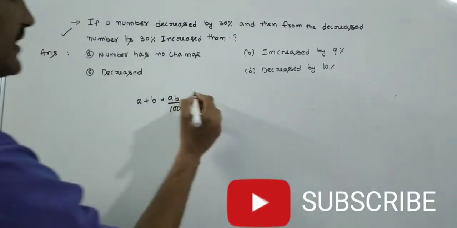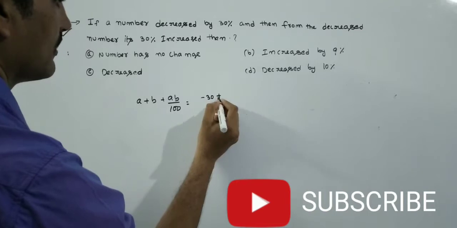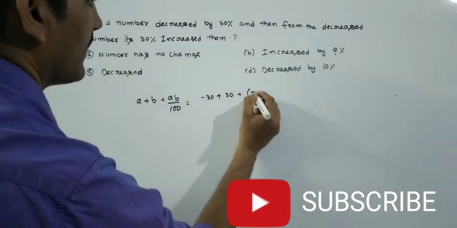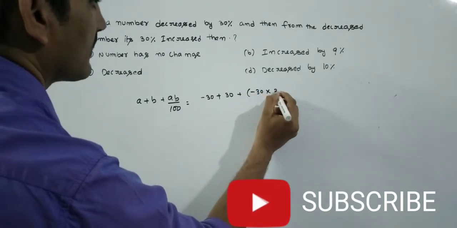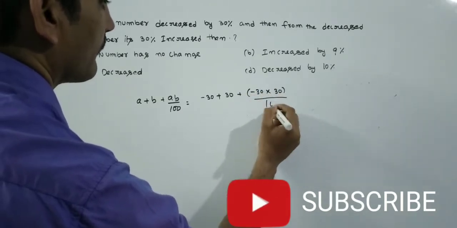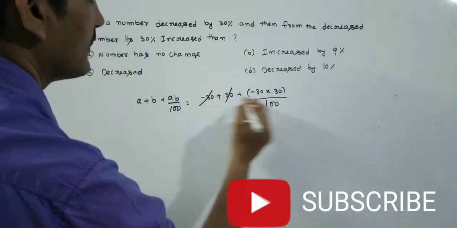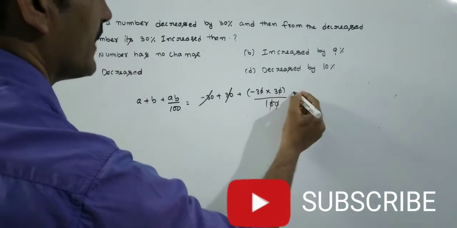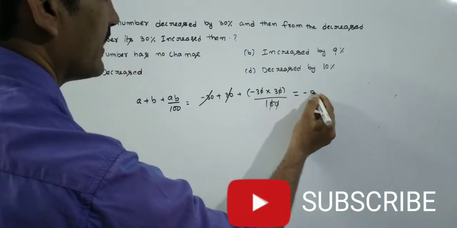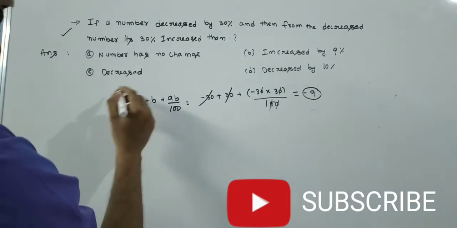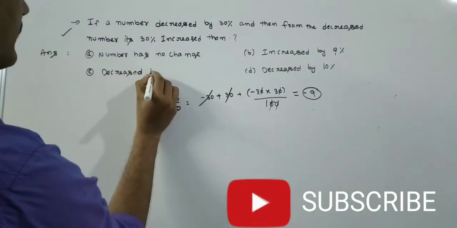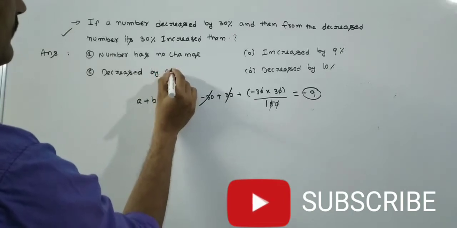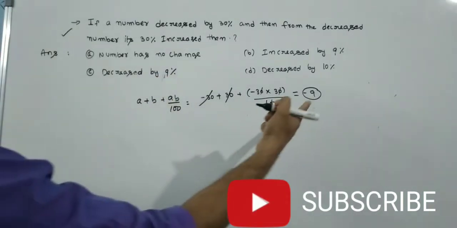First decrease, that means minus 30, then again increase, plus 30, plus minus 30 into plus 30 by 100. 30 and 30 cancel, zeros cancel, minus into plus is minus, 3 3 are 9, so minus 9, decreased by 9%.